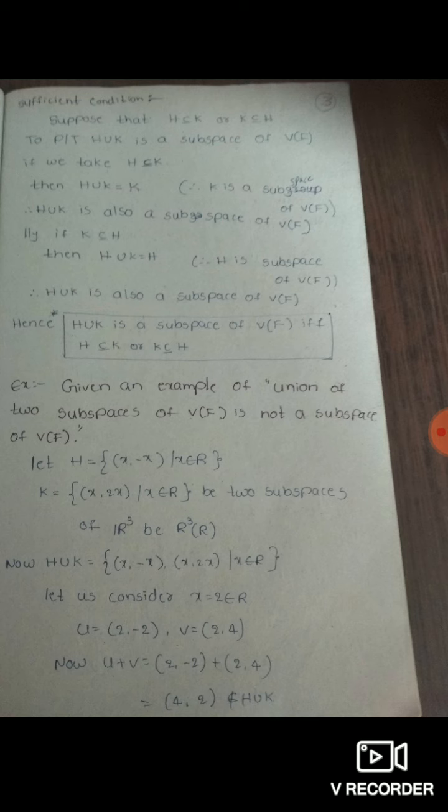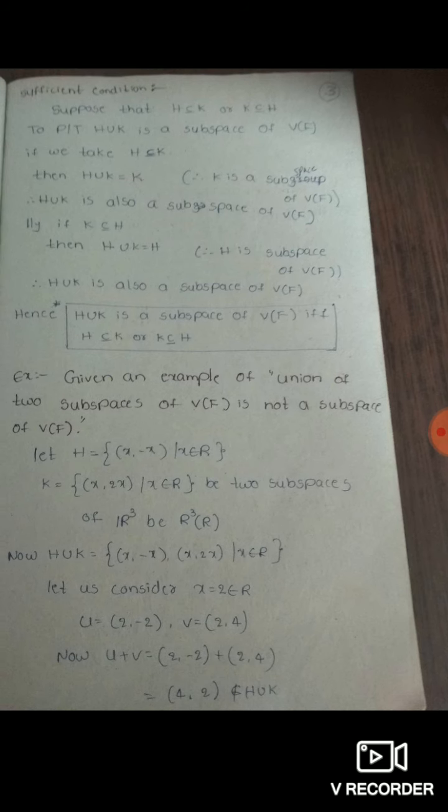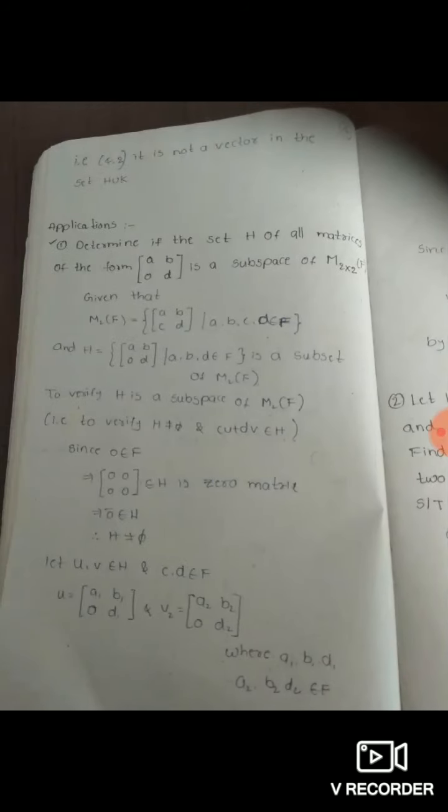That is (4, 2), which does not belong to H union K. Therefore, the union of two subspaces of a vector space need not be a subspace. That is, (4, 2) is not a vector in the set H union K.